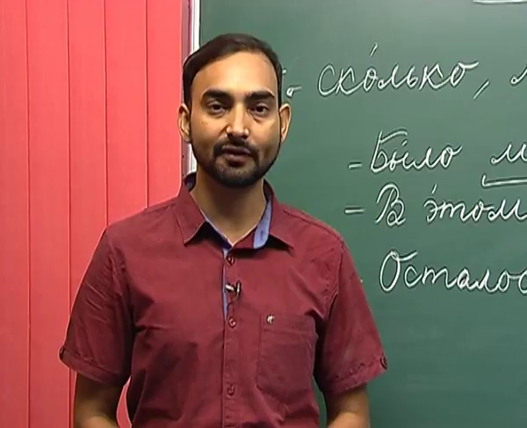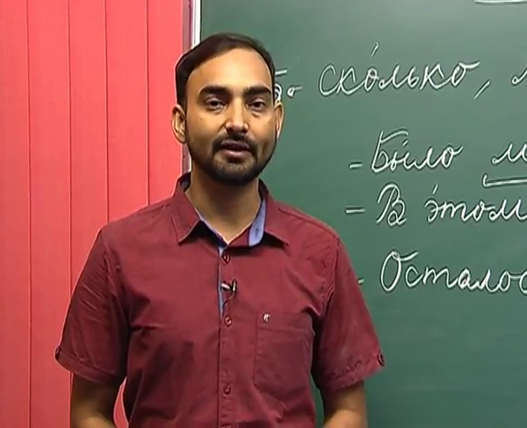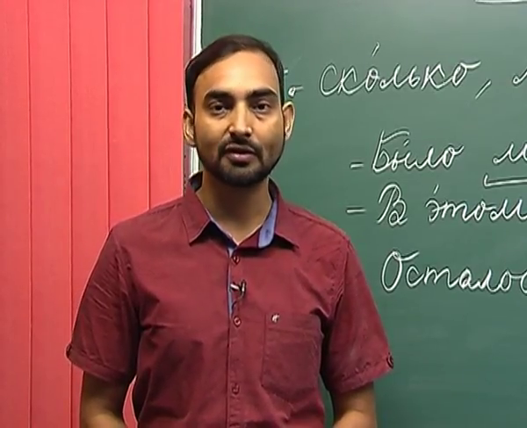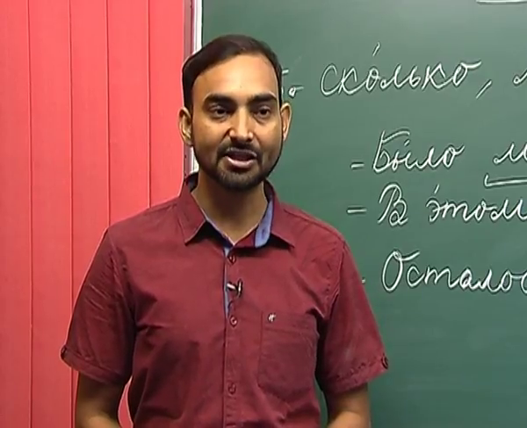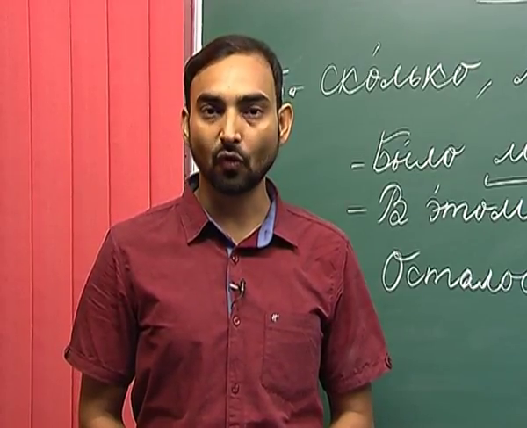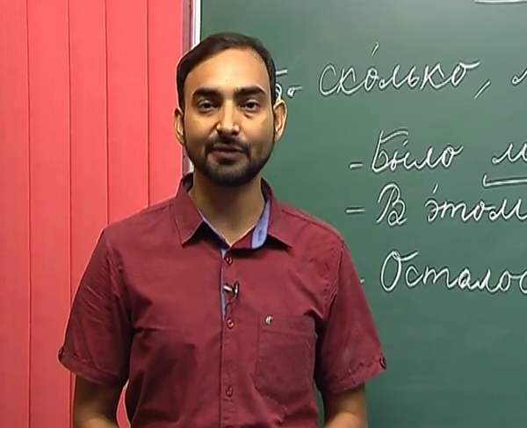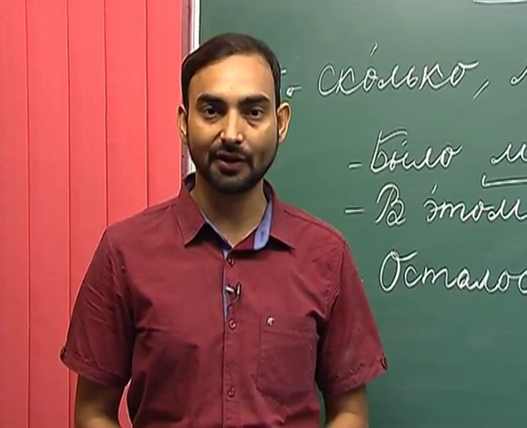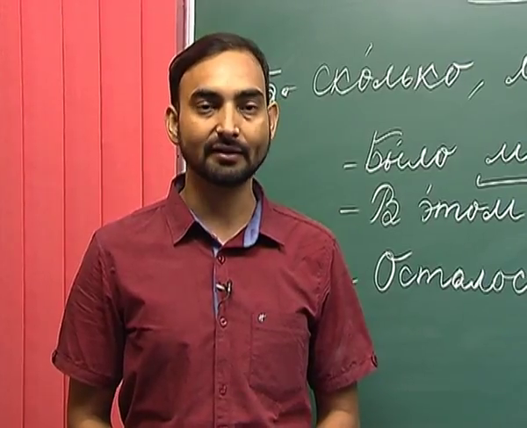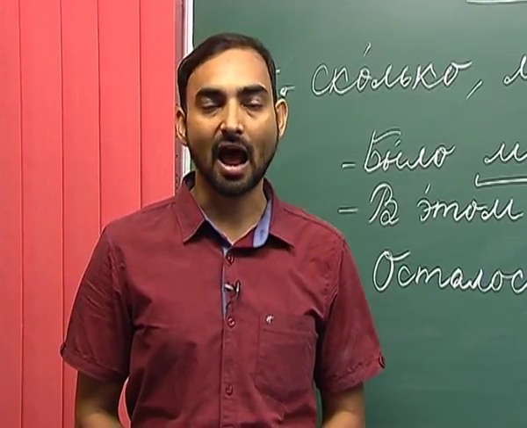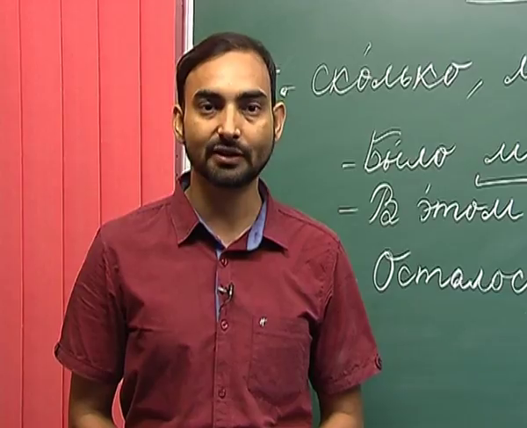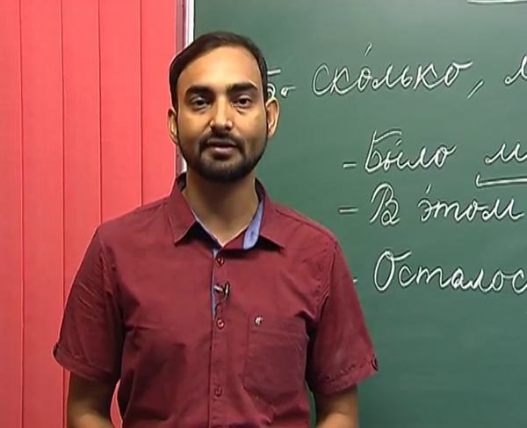What uses have we covered? The genitive case of nouns is used to show possession, negation, part of the whole or relation, and after cardinal numbers except 1 we use the genitive case, and in the last we have learnt after some words which denote the relative quantity we use the genitive case.